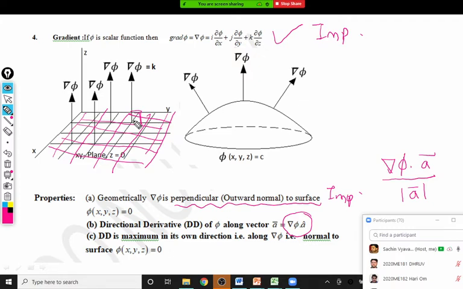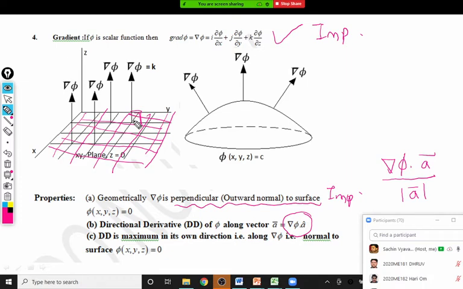Right now the problem is we don't know what that phi represents. If we know what phi represents, then we can interpret it. I gave one example of temperature. If that scalar function is a temperature, we can say the maximum change in temperature for the surface is observed along the normal to that surface, whatever surface we have.